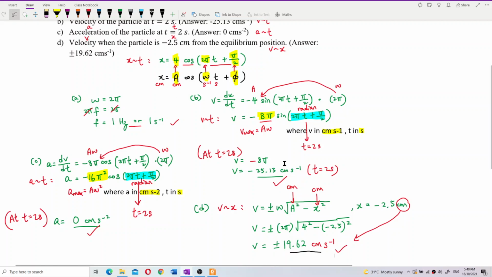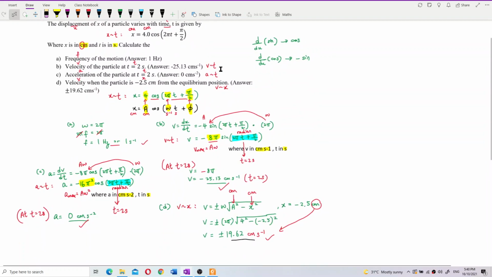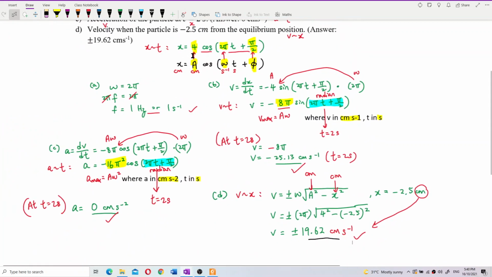Okay. So that's how we do it. Given time, you use the time. Given displacement, you use the displacement. Velocity time, acceleration time, velocity displacement equation. And learn how to differentiate displacement versus time, you get velocity.